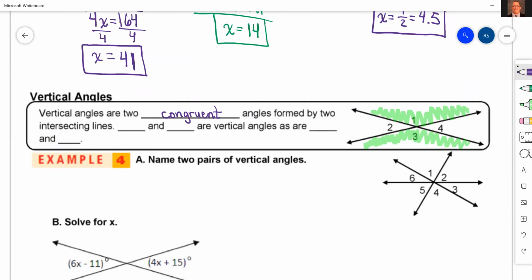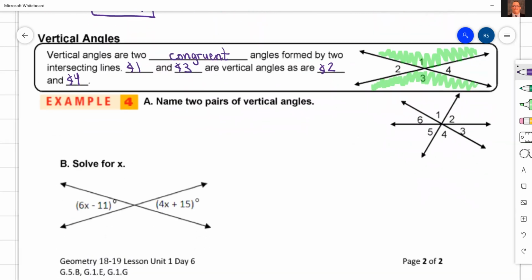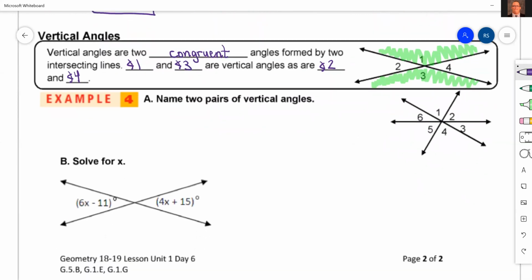So angles 1 and 3 are vertical angles. Which also means that angles 2 and 4 are as well. So they're just basically opposite from each other, and if they're opposite from each other, they're equal to each other.